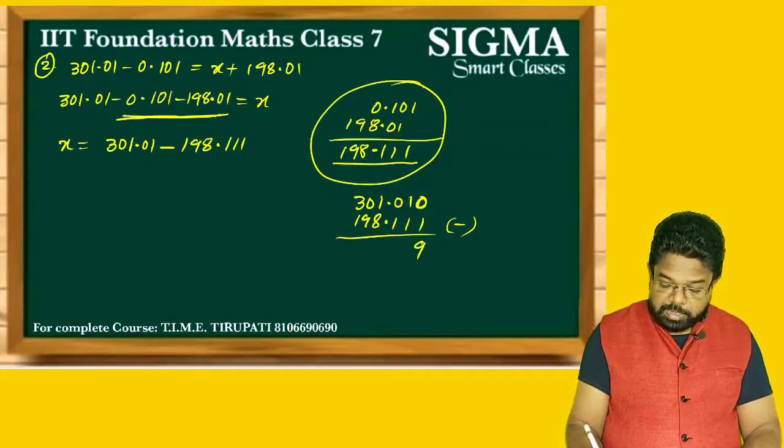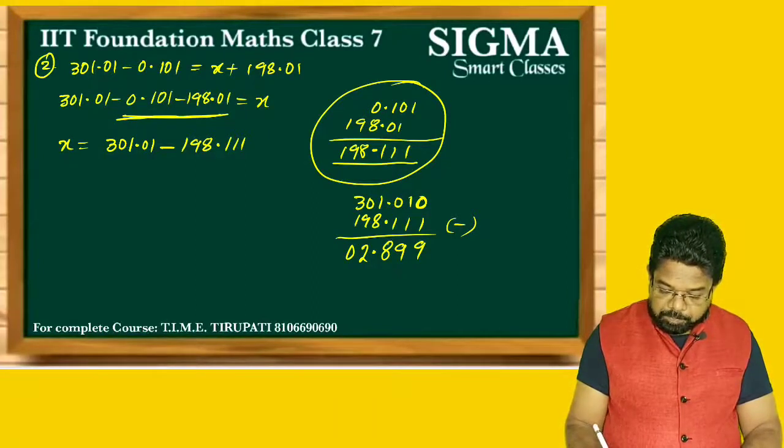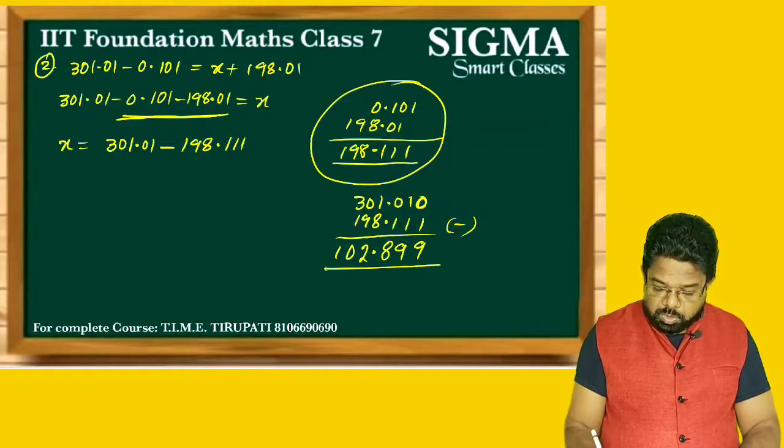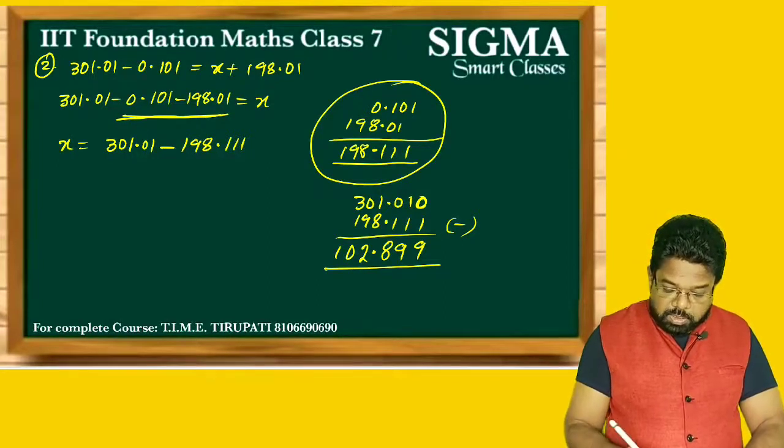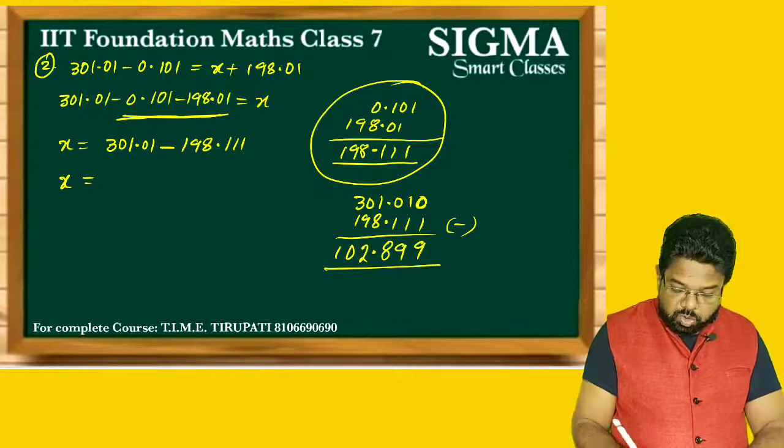Again here 10, 10 minus 1 is 9. Again here 9 minus 1, 8 it is. Okay, 10 minus 8 is 2. So 9 minus 9 is 0. Okay, 3 minus 1 is 2. Okay, so 2 minus 1 is 1. So what is the value of this? Suppose x equals, how much value did we get?